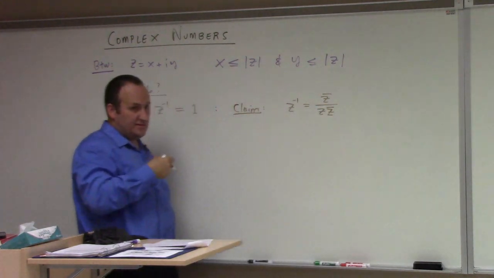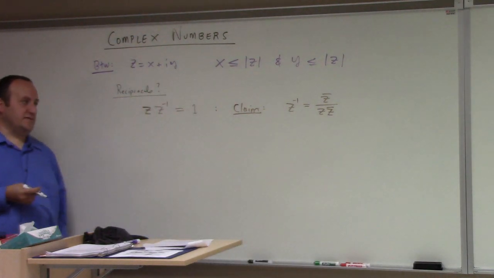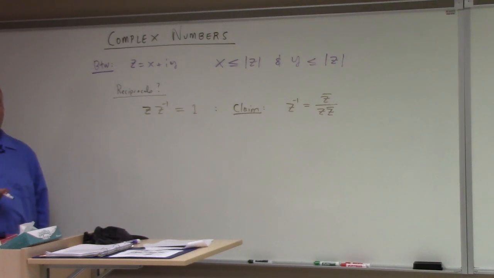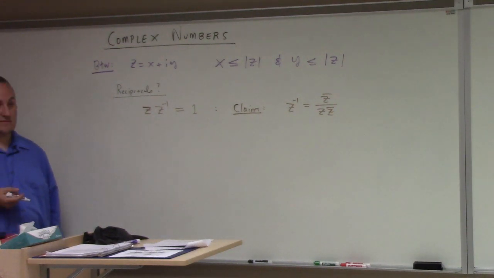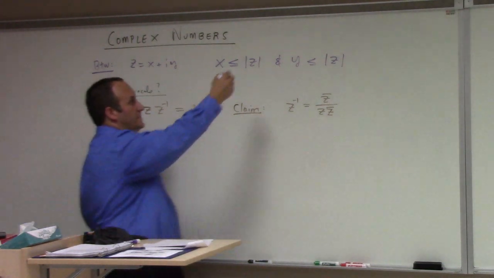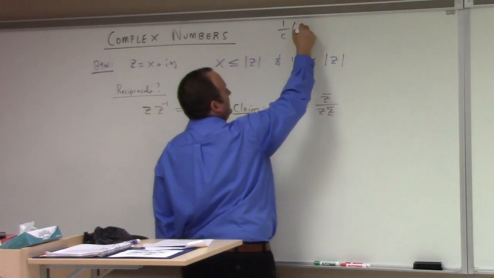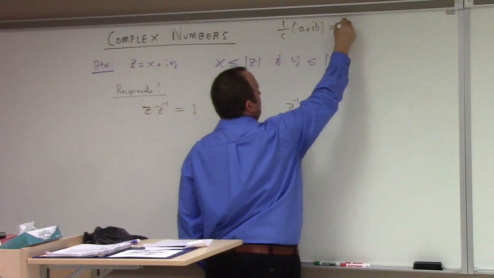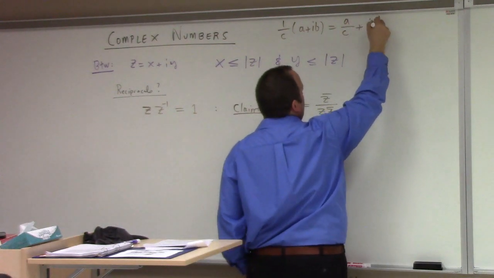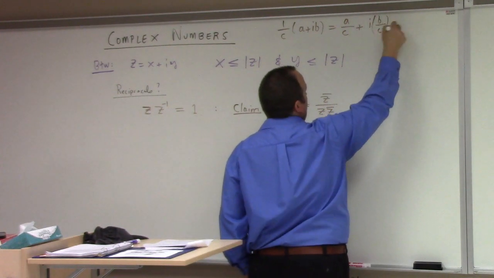This makes sense to write down because |z| squared is a real number, so we're not assuming what we're trying to prove here, because we know how to divide complex numbers by real numbers. We just divide both components. 1 over c times a plus ib, by definition, is a over c plus i b over c, for c real.